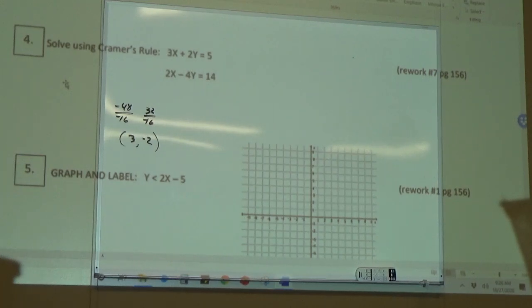You get it? Lee, what's going on? I wrote down what you had, but I feel like I'm missing something. I think, okay. I did the wrong one.